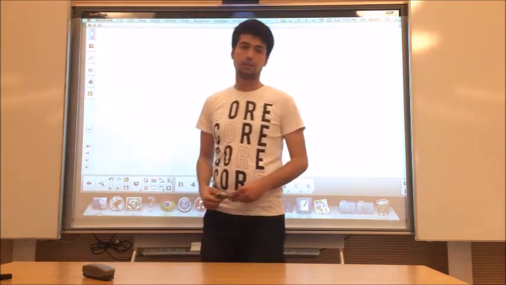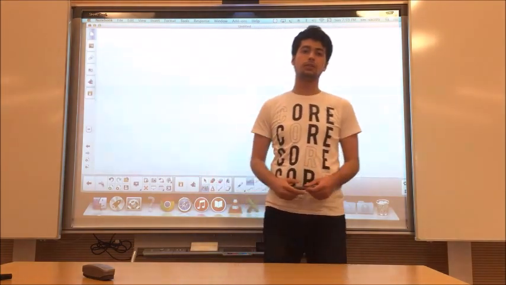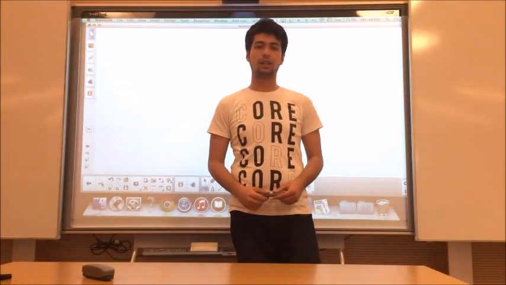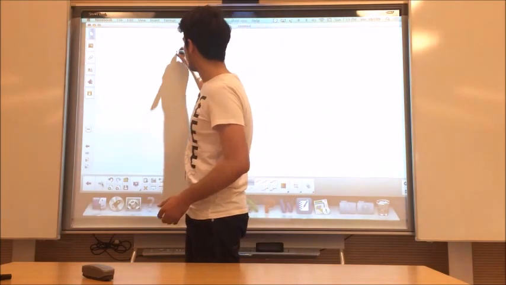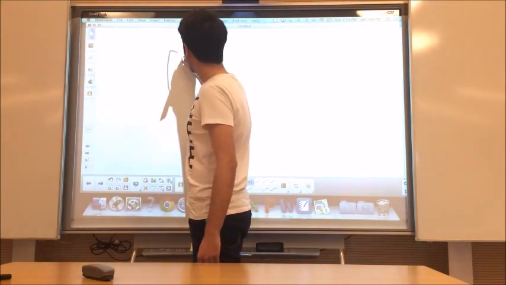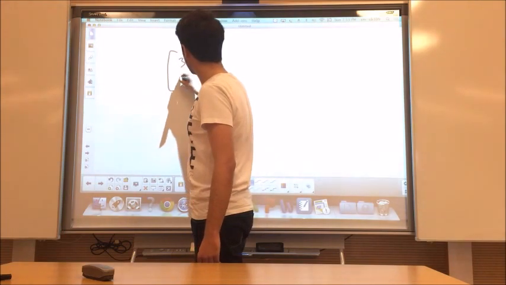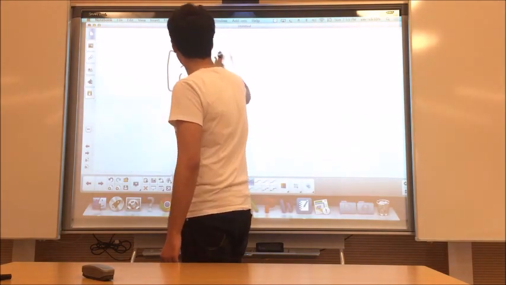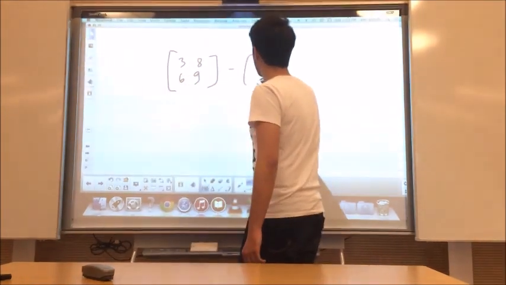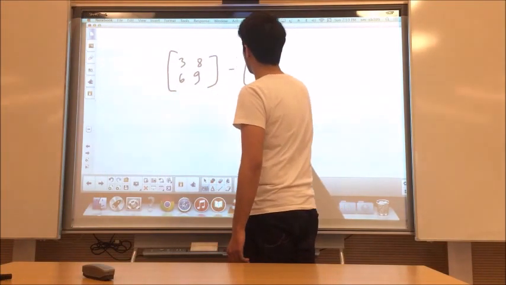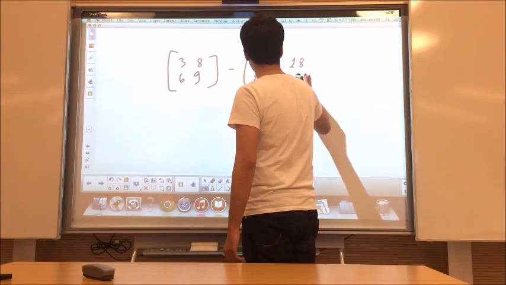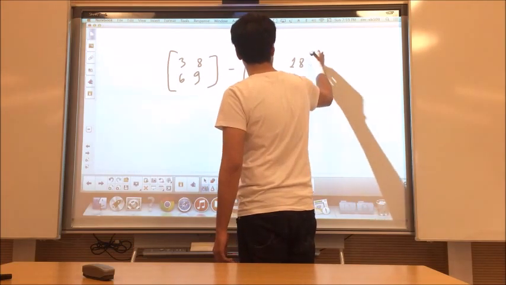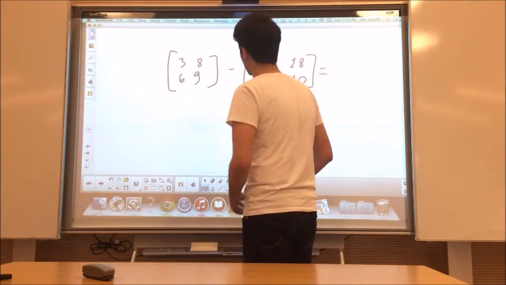Then third, subtracting. To subtract two matrices, we subtract the numbers in the matching positions. It is also so simple. 3, 8, 6, 9, 8, 11, 16, 18, 10 is equal to.